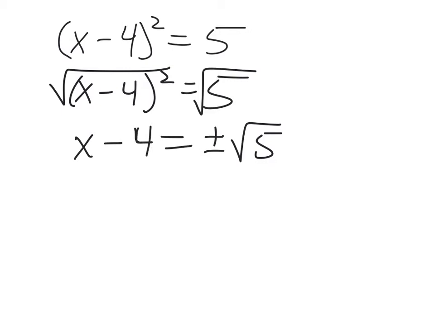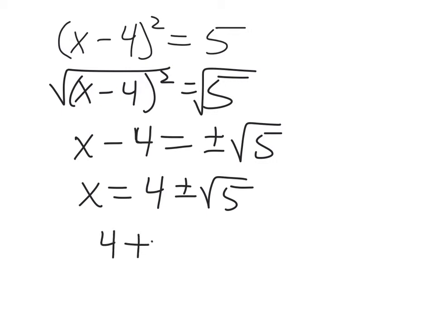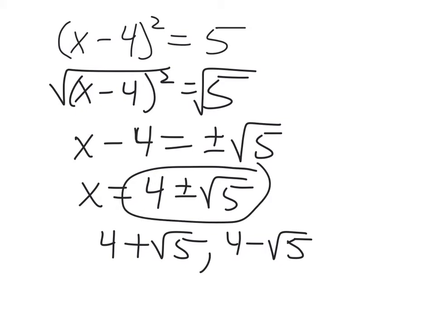Well, to solve that for x then, we just need to add 4 to both sides, and x is going to be 4 plus or minus square root of 5. Well, that's two separate answers, 4 plus square root of 5 and 4 minus square root of 5. But for simplicity's sake, I would accept this form.